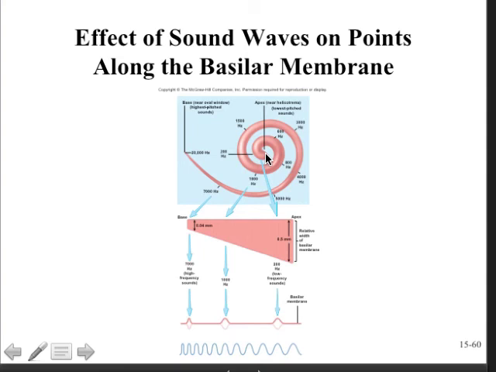And the reason for this is that the properties of the basilar membrane are different as you go from the apex of the organ all the way to the portion that's nearest to the oval and round windows.